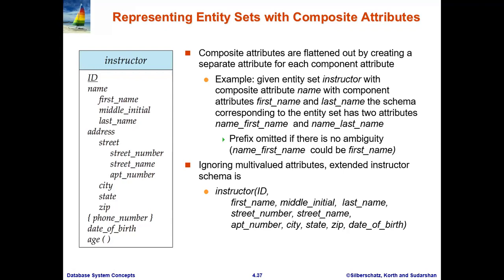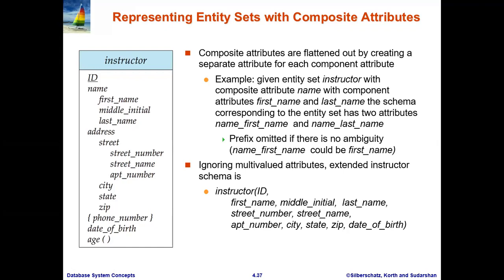Now, multi-valued attribute. We can ignore multi-valued attributes and represent the instructor schema as below. Why do we ignore?